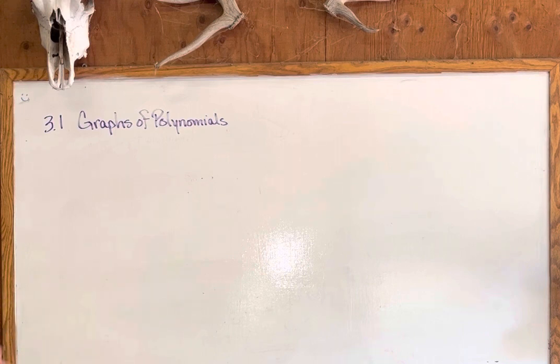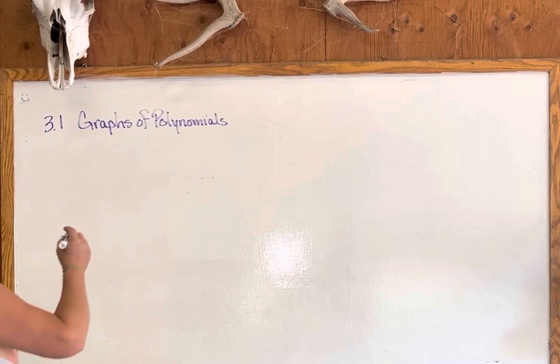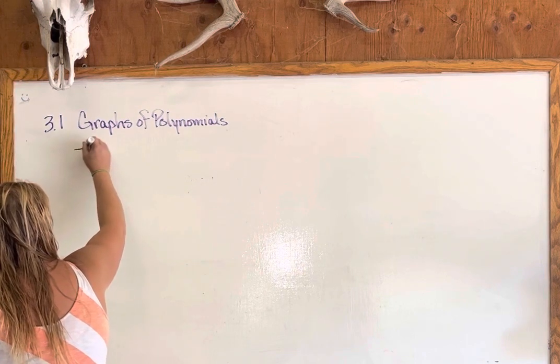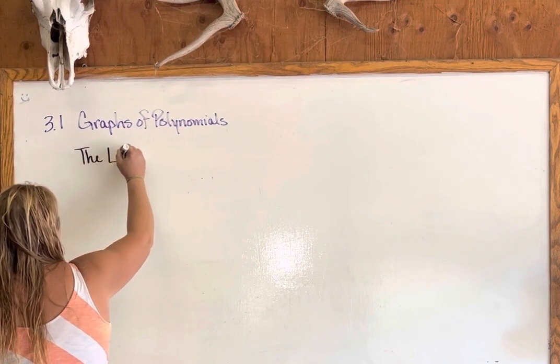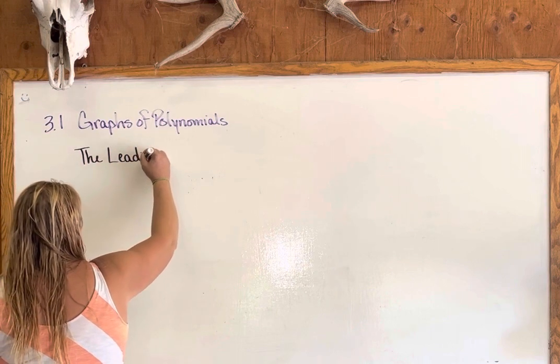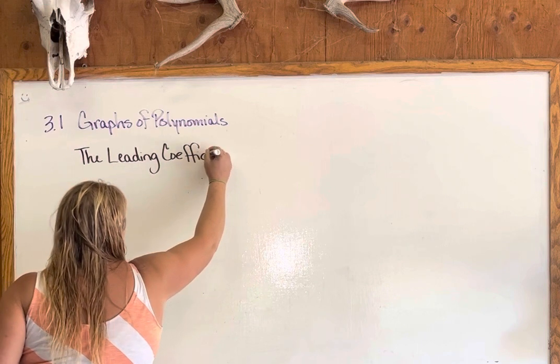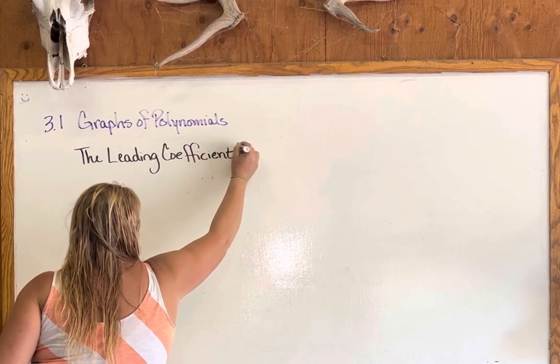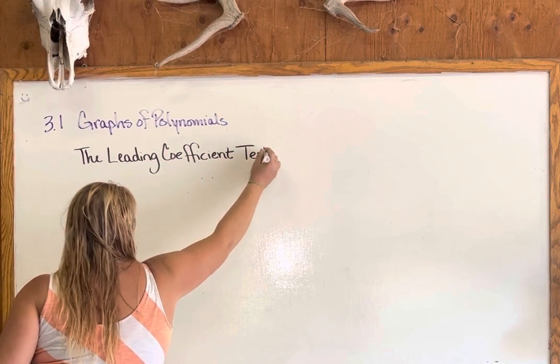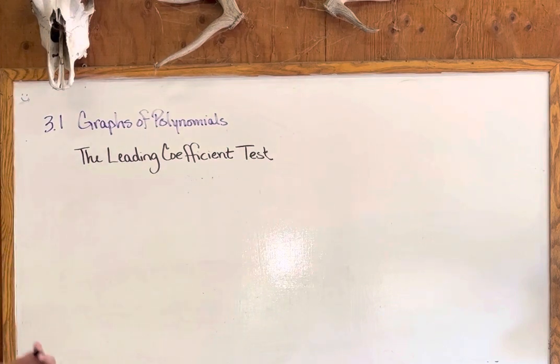The rest of it, I think we've already done. And this is called the leading coefficient test. And the leading coefficient test is written, again, really horribly. But once I break it down for you, all of a sudden you're like, well, that's easy. Okay, but I got to write it out.